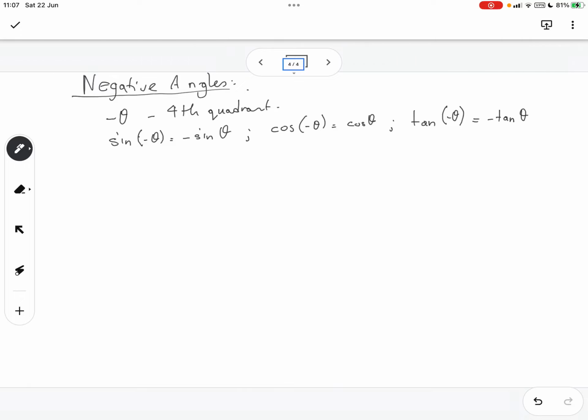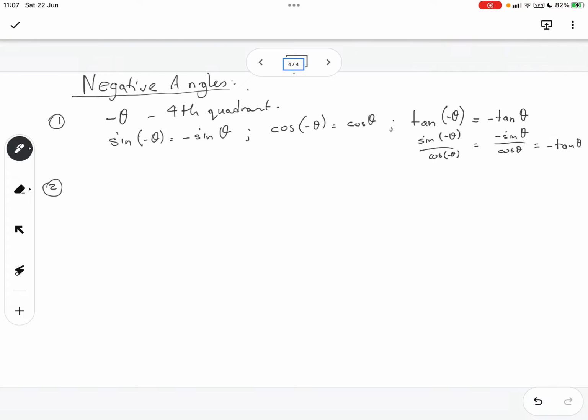You can also think of tan theta as a quotient identity: sine of negative theta over cos of negative theta, so negative sine theta over cos theta, which is negative tan theta. Both ways work.